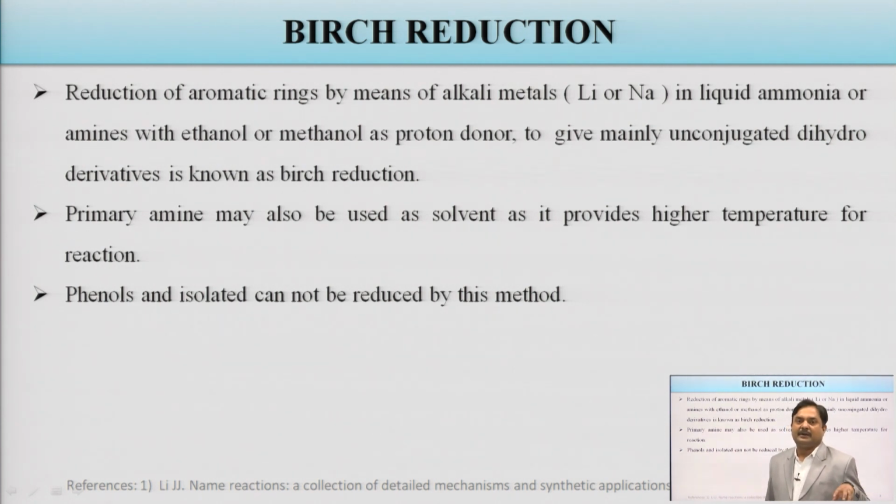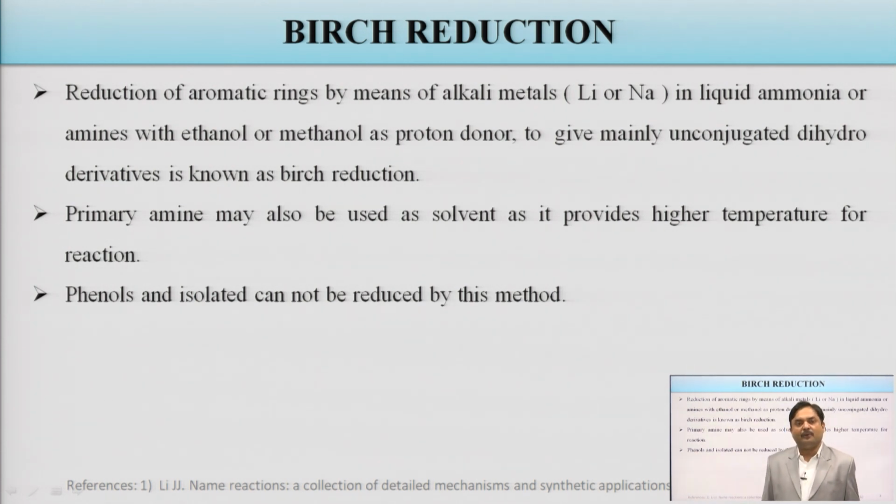When I am talking about liquid ammonia or amine, I want to tell you that we can also take primary amine. The advantage of taking primary amine is that it has a little bit higher boiling point, so we can run this reaction at a somewhat higher temperature. We do not need to maintain a very low temperature for this reaction.